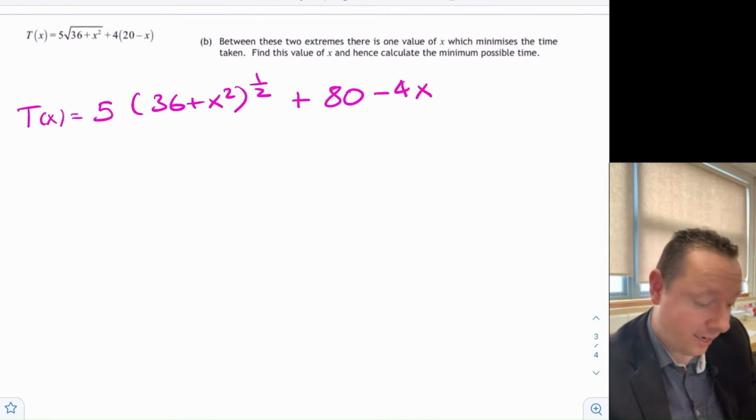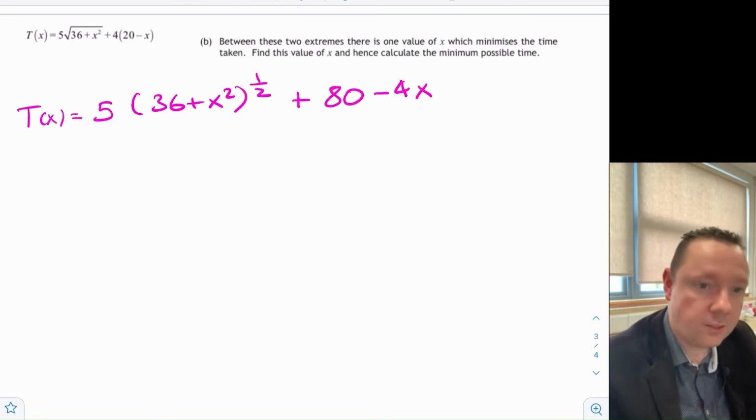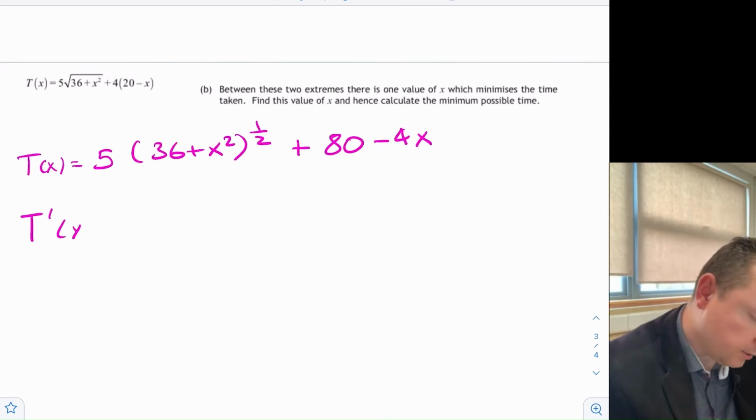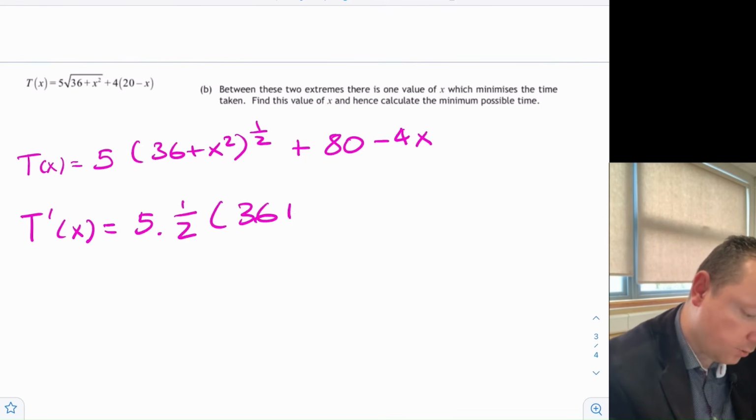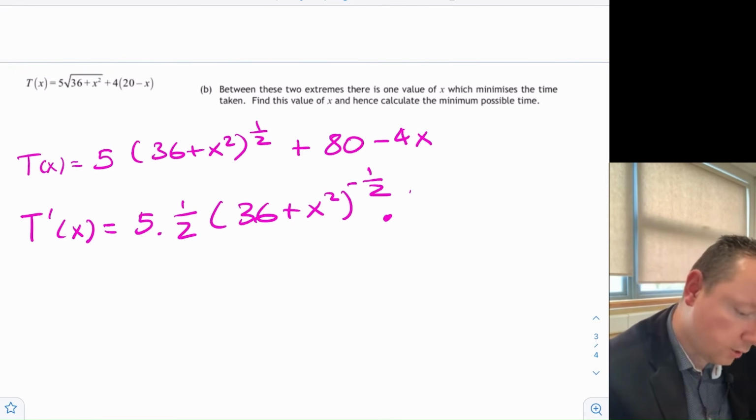Now we can differentiate this using the chain rule for this part. T dash x is equal to 5 times a half, taking the power down, 36 plus x squared to the minus a half. And then we need to differentiate the 36 plus x squared because of the chain rule, so times 2x. And then we'll still have take away 4 on the end, because that's minus 4x and that differentiates to minus 4.